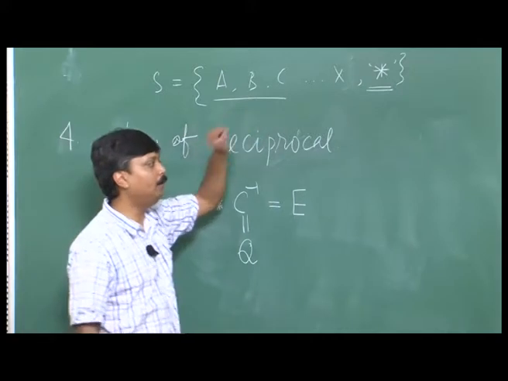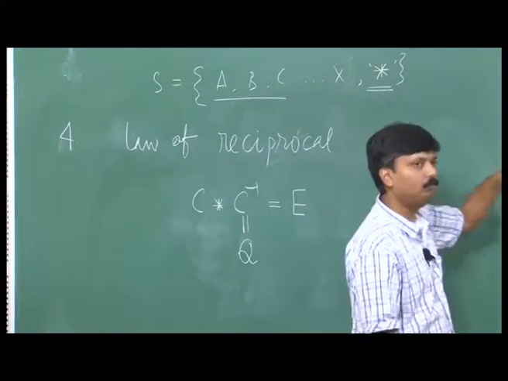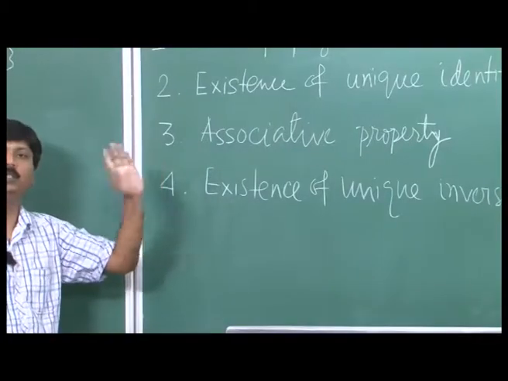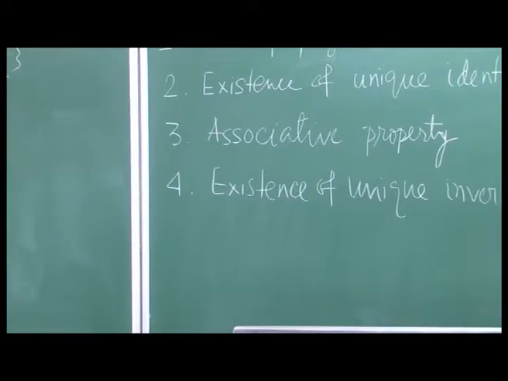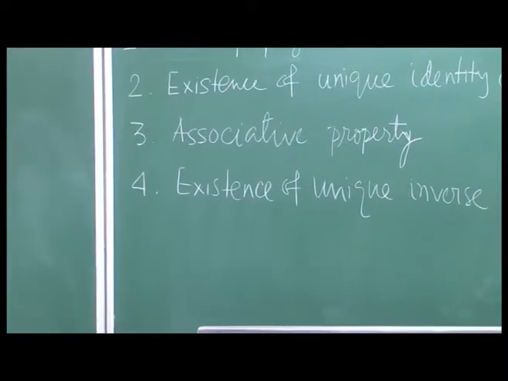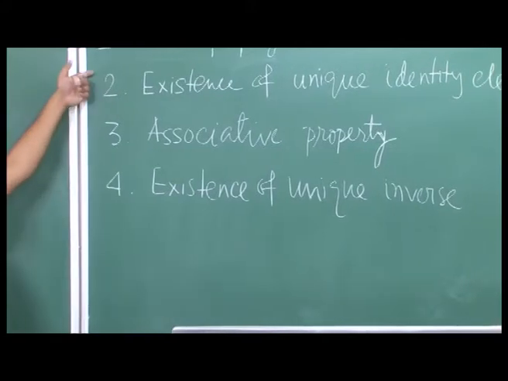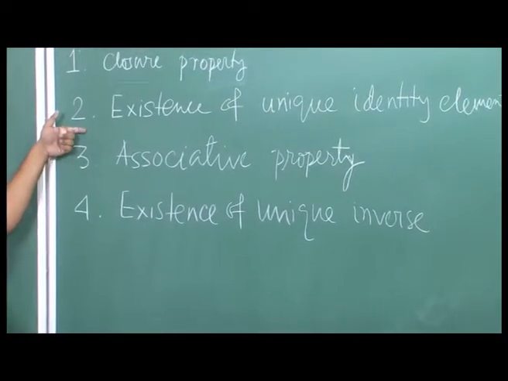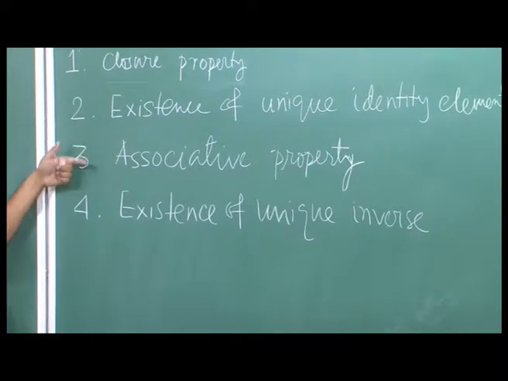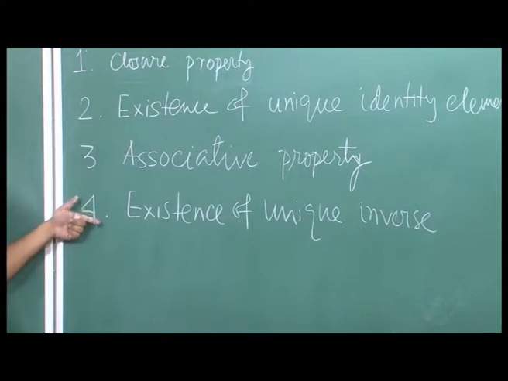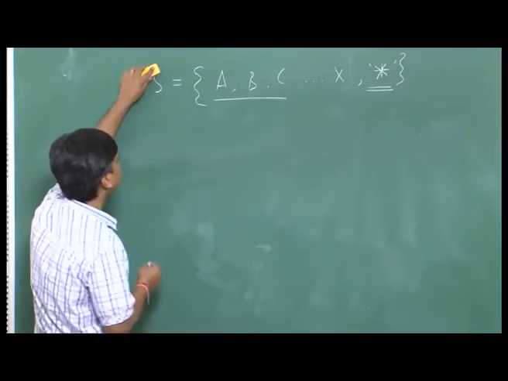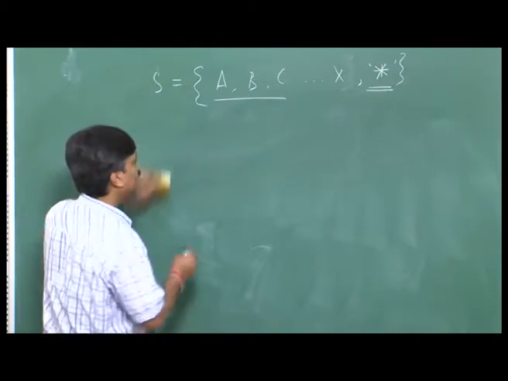Okay, so then I will say that all the elements of the set have their own unique inverse. So once I check all these properties, the rule 1 closure property, if it has an identity element in the set, if the elements of the set follow the associative law, and if there is a unique inverse for each and every element of the set, then I can call this set a group.